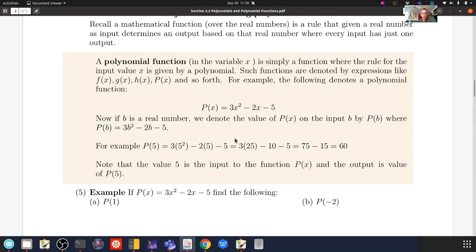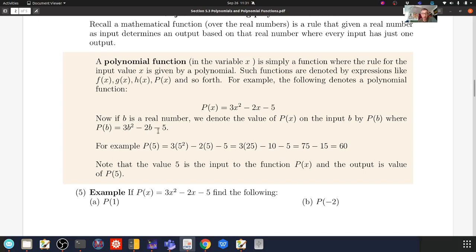So a polynomial function in the variable x is simply a function where the rule for the input value x is given by a polynomial. So here's our function name p. P of x is equal to 3x squared minus 2x minus 5. Now if b is a real number, we denote the value of p of x on the input number b by p of b, and p of b is equal to 3 times b squared minus 2b minus 5.